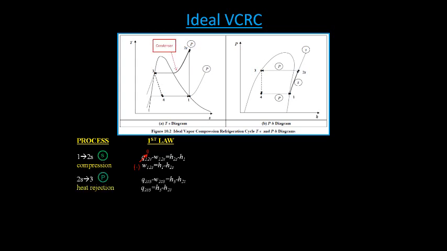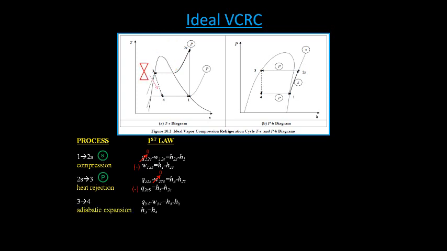If we move to the second process, or the heat rejection through the condenser, we have the same first law, where the condenser produces and consumes no work. Therefore, our rate of heat transfer per unit mass is equal to our enthalpy at 3 minus our enthalpy at state 2s.